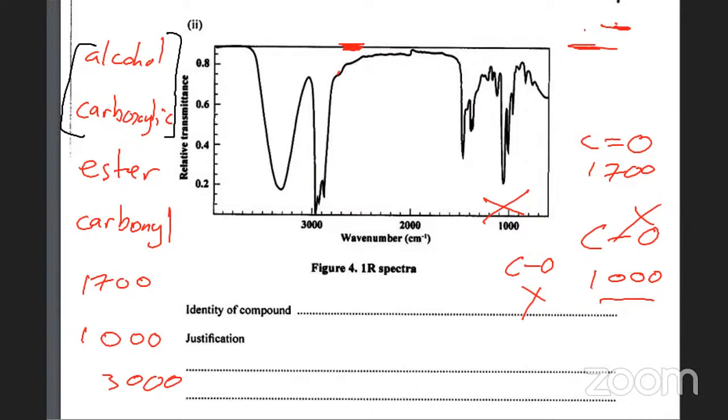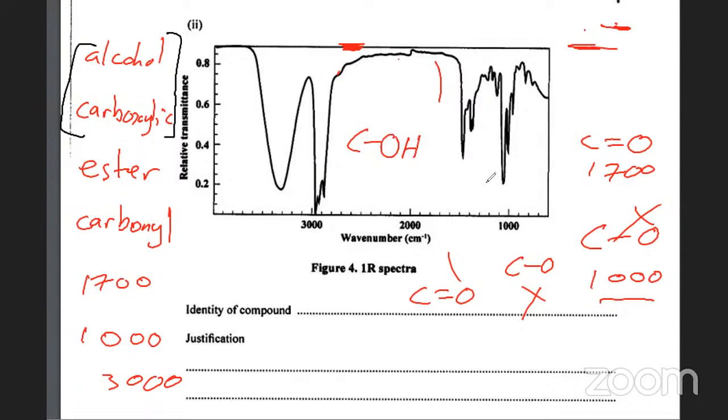Next, you do not see any peak coming down close to the 2000 mark, right? Which means that the C double bond O is absent. And now you have one coming down for the C single bond O. Remember now, alcohol, if you look at the alcohol, the C, O, and H, you still have a carbon single bond oxygen.